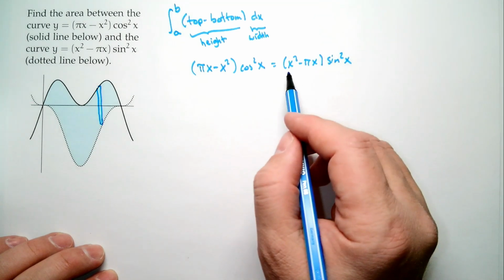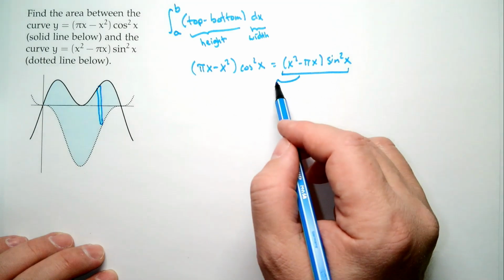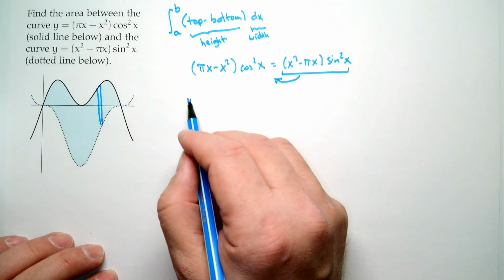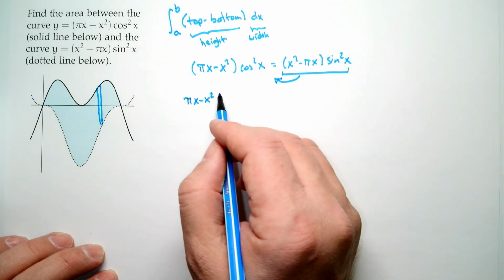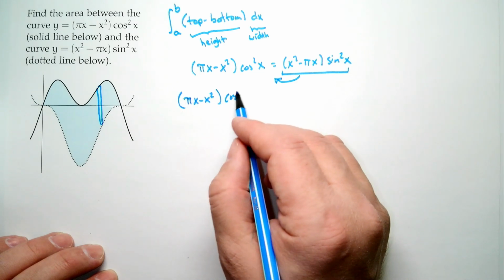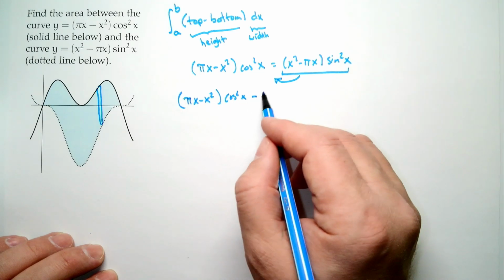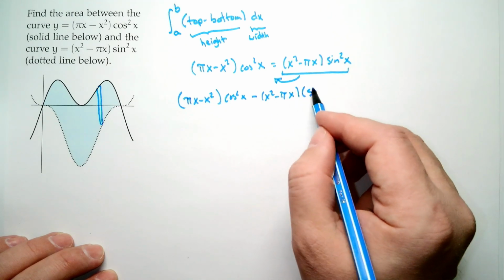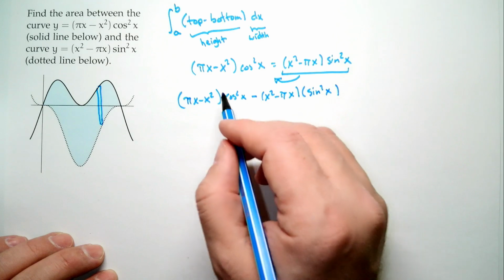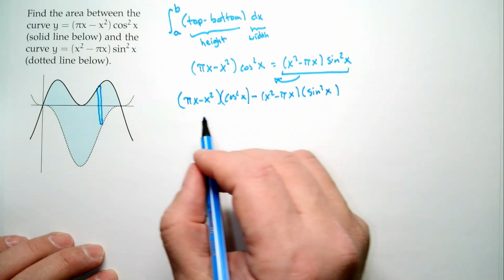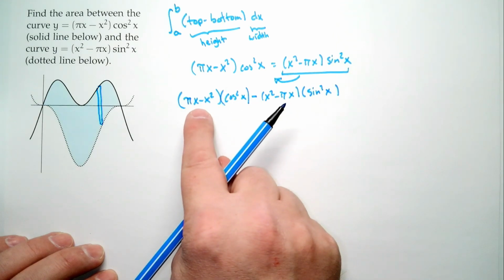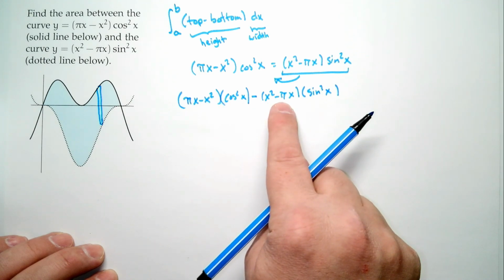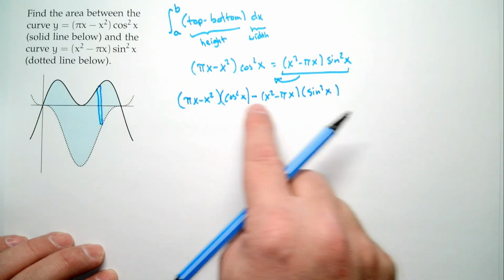So I'm going to go ahead and move this part over. So we have pi x minus x squared times cosine squared of x, and we're going to subtract x squared minus pi x times sine squared of x. Well, if you look at this, pi x minus x squared and x squared minus pi x are basically the same thing.